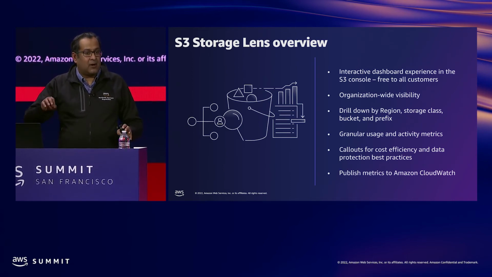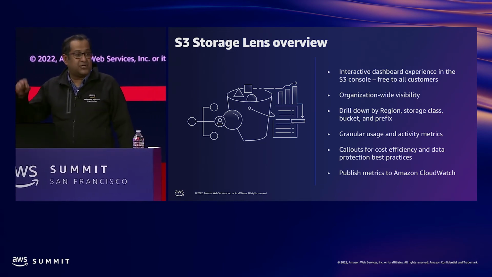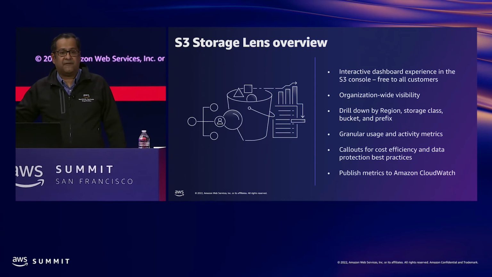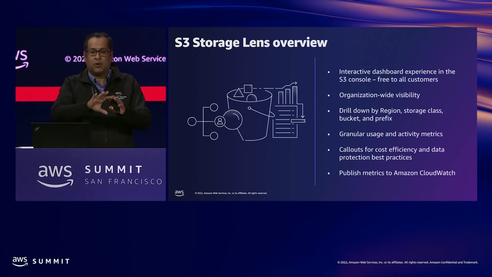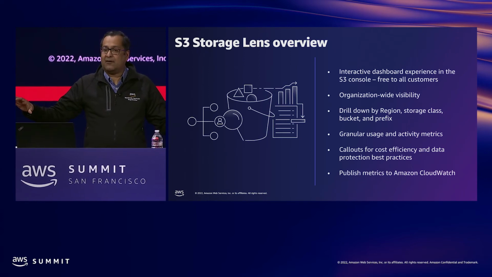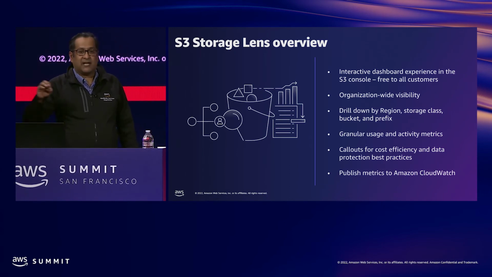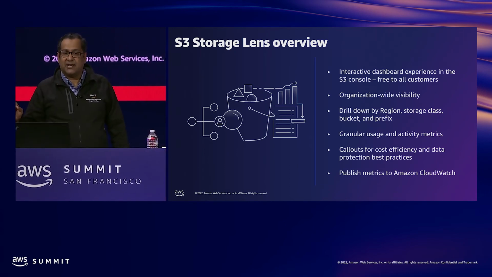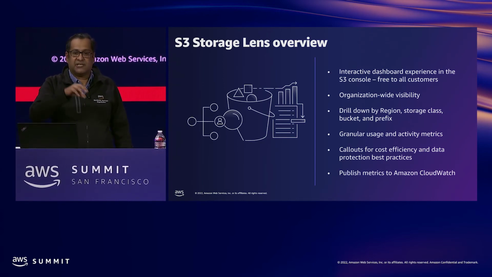You can drill down by bucket, by storage class, by region, and even all the way down to prefix, and all these different levels are pre-aggregated, right? So even though the data is collected at the organization-wide level, you can choose to drill down into any one of these different levels. And it has usage and activity metrics, which I'll go into on the next slide, with a total of 29 metrics that it collects across these different levels of aggregation.